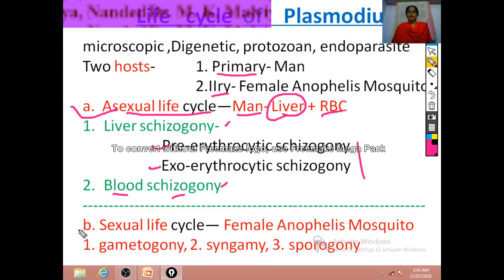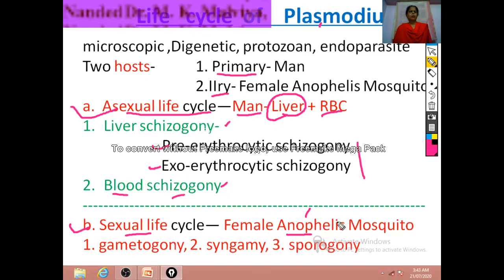Before going to that, again I am telling you that the sexual life cycle of this Plasmodium parasite occurs in the mosquito, which belongs to the genus Anopheles. There are so many species of mosquito, Culex and so on.